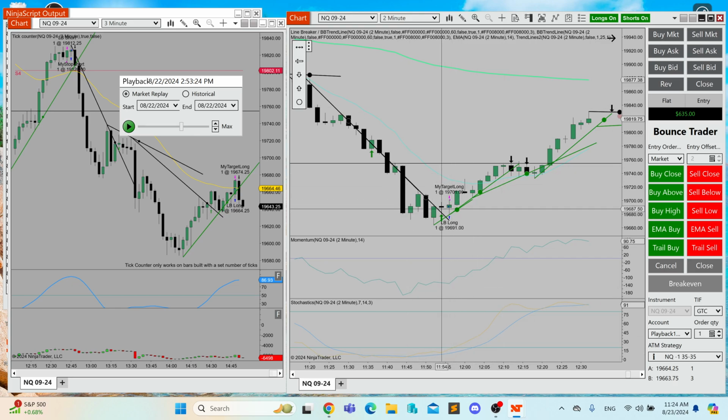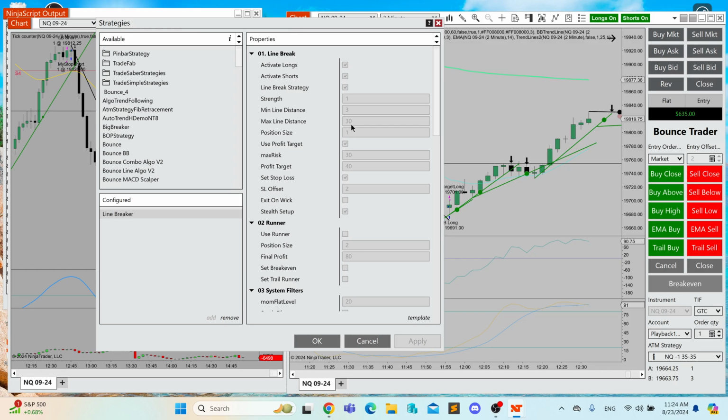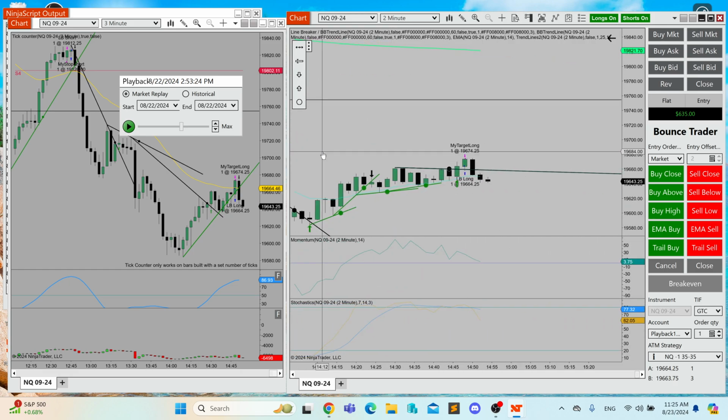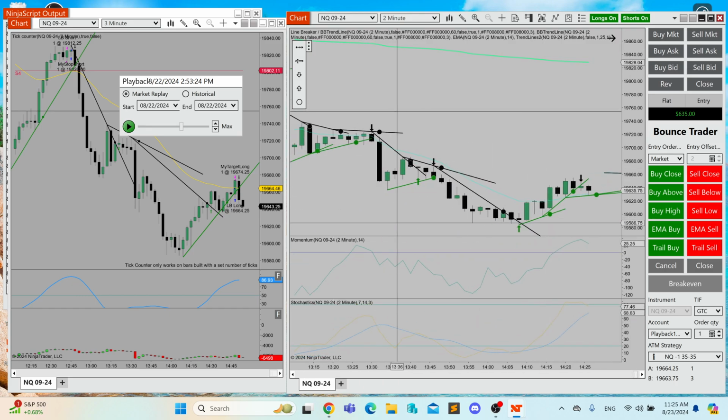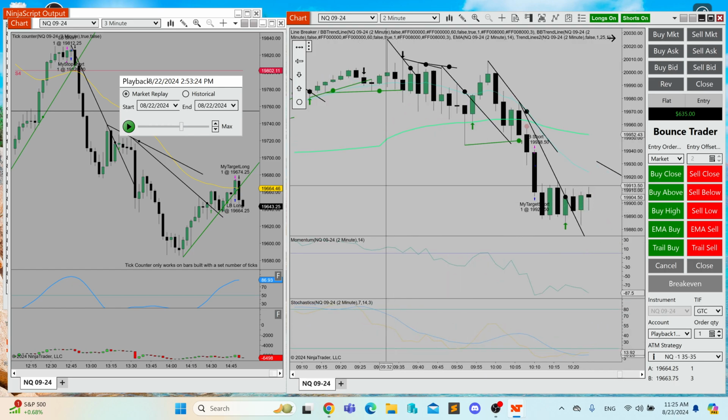So we're saying the minimum close above the trend line should be 3 and the max points from close to the trend line should be 30. So that's one way for you to filter out whether it's a really strong breakout or a very minor breakout. I find that you don't want to take a really big candle because it tends to retrace a lot.